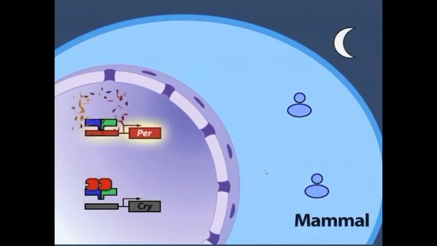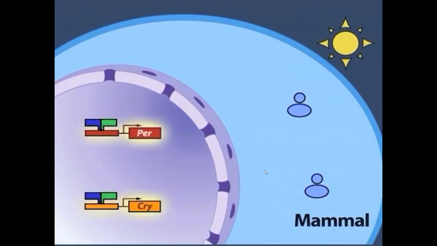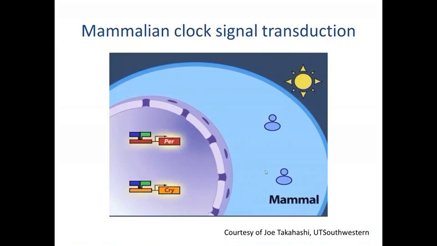Subsequently, the PER and CRY proteins are themselves degraded, and CLOCK and BMAL are then free to hop on their promoters and start another cycle. And this slide is actually courtesy of Joe Takahashi, who is a Howard Hughes investigator at the University of Texas Southwestern.